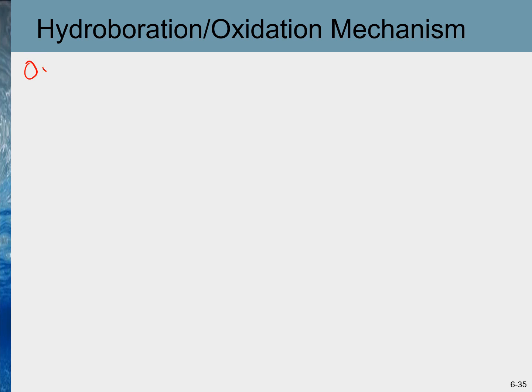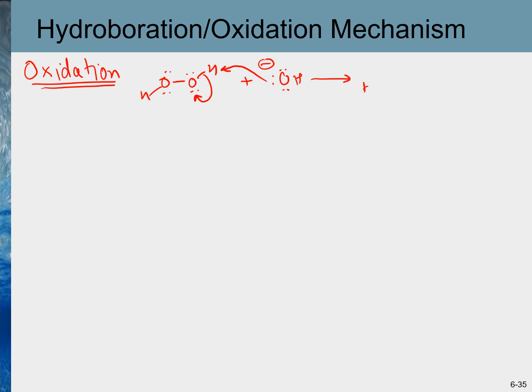In the oxidation reaction, which comes after the hydroboration step, the hydrogen peroxide reacts with hydroxyl group from sodium hydroxide, and this reaction will generate a nucleophile, and this nucleophile is known as hydroperoxide ion.